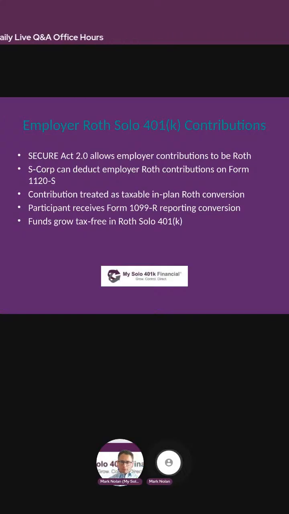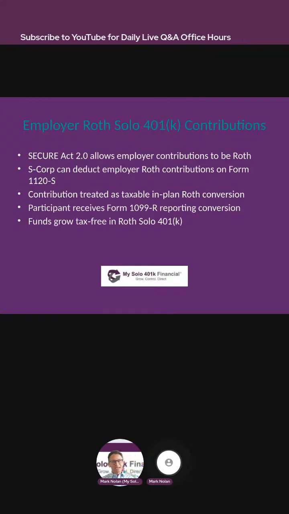Now, don't get too excited quite yet, because it's going to be taxed at the participant level. So even though the corporation makes that as an employer Roth solo 401k contribution, it's going to be taxable on your personal tax return, because employer Roth solo 401k contributions are treated as a taxable in-plan Roth conversion.